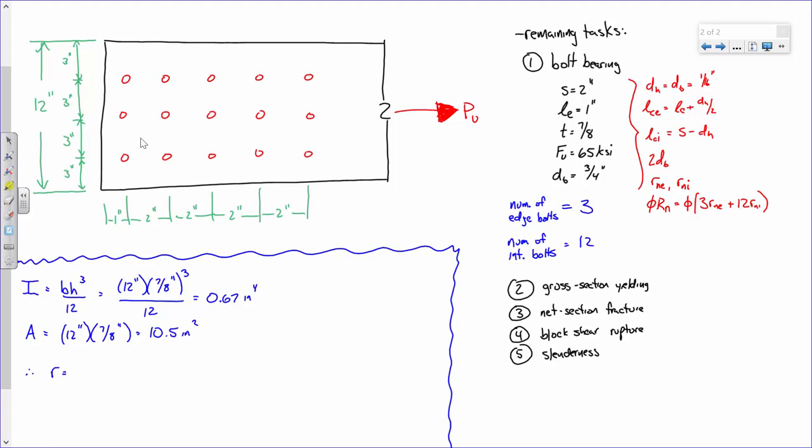The radius of gyration is defined as the square root of I over A: 0.67 inches to the fourth divided by 10.5 inches squared, which equals what? 0.253. How in the world did that calculation take more time than any other calculation within that problem?